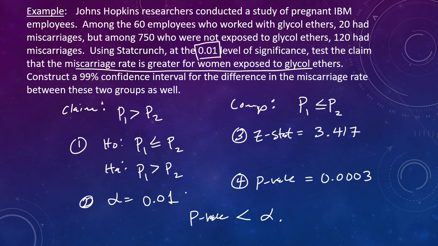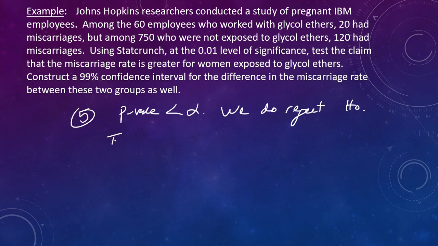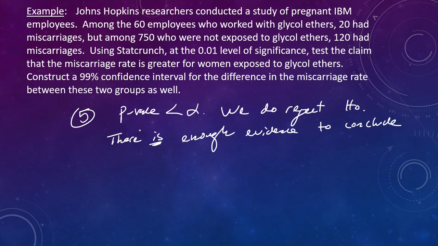Now we can finish step 5. We know that the p-value is less than alpha, so we do reject the null hypothesis. There is enough evidence to conclude. And remember, our conclusion is always in terms of HA.